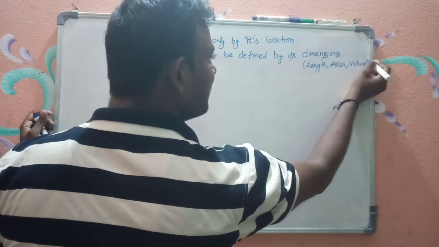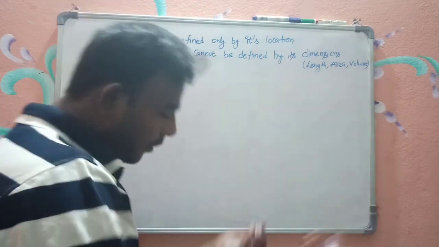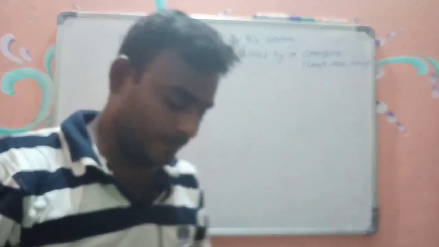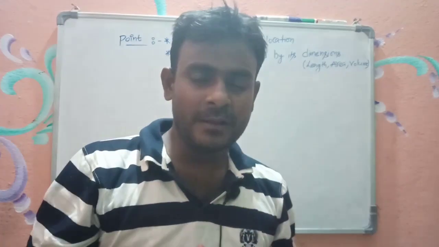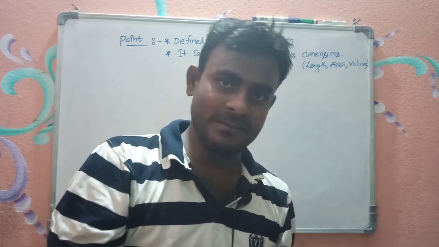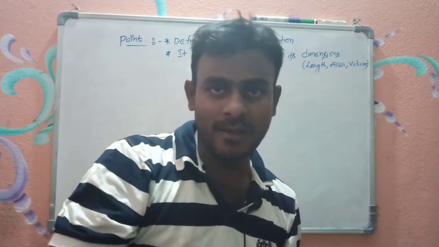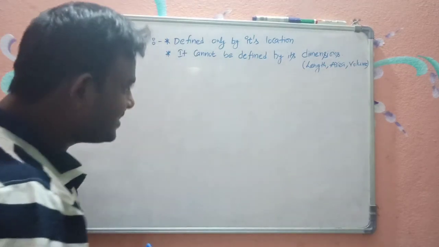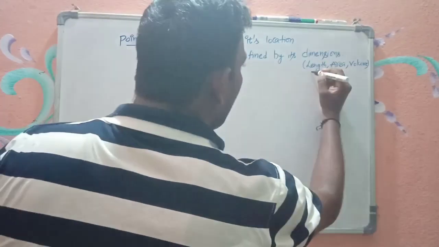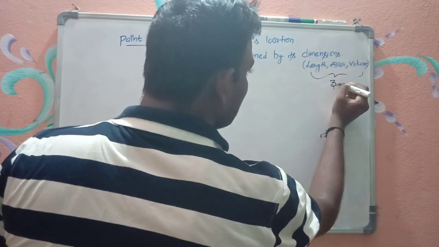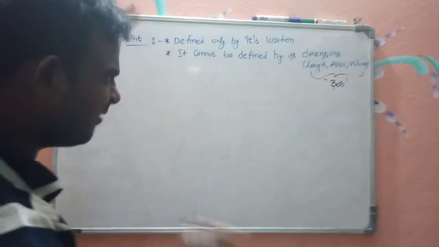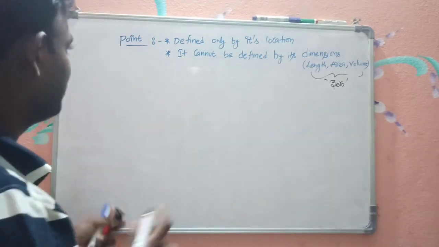These are some physical dimensions of any object. So what we need to understand is that we can define a point only by its location but not by its area, length, or volume, because for a point, all these are zero. They are negligible, almost zero.